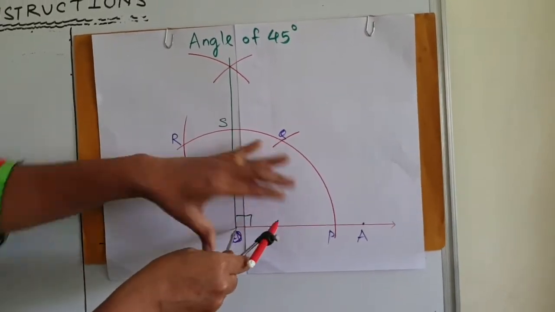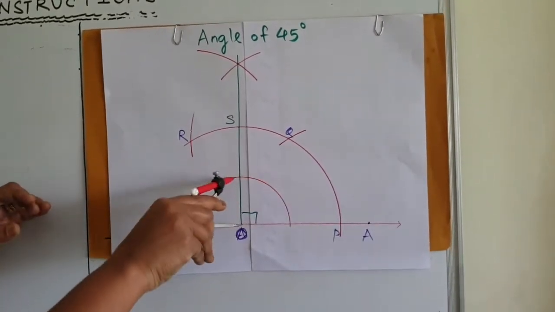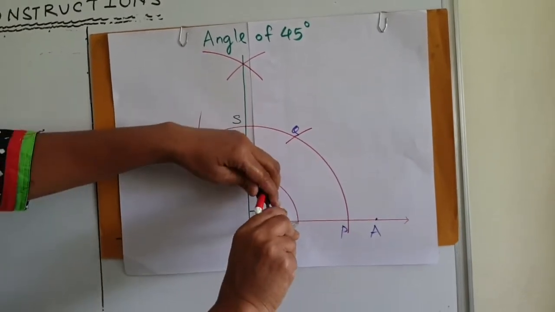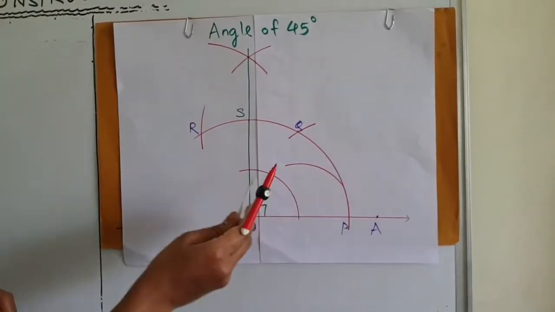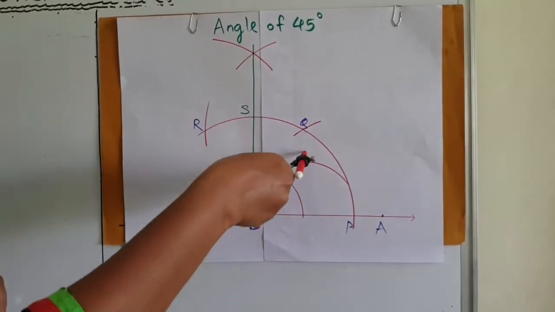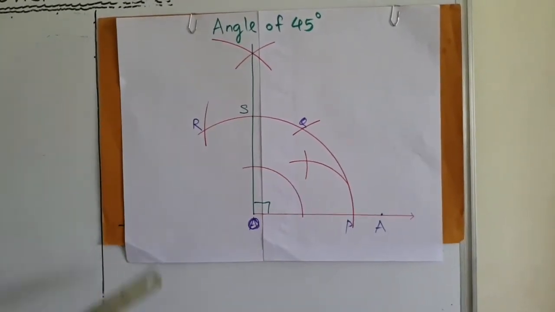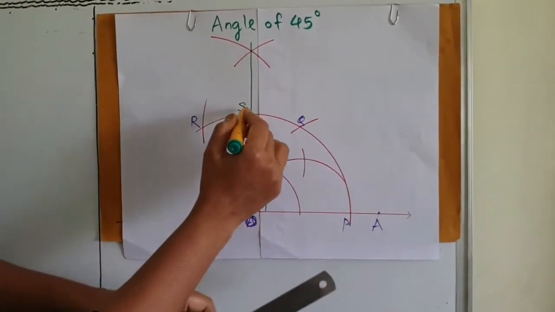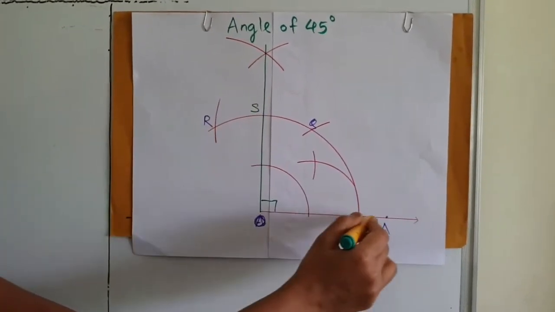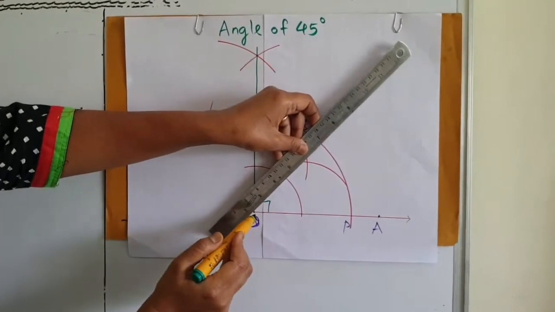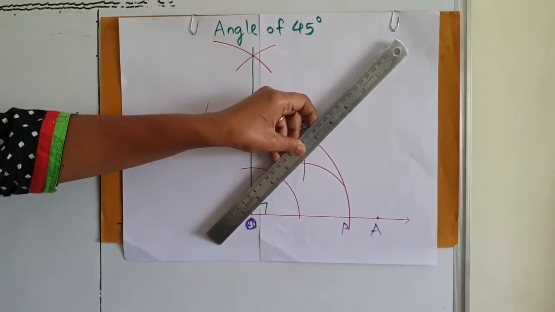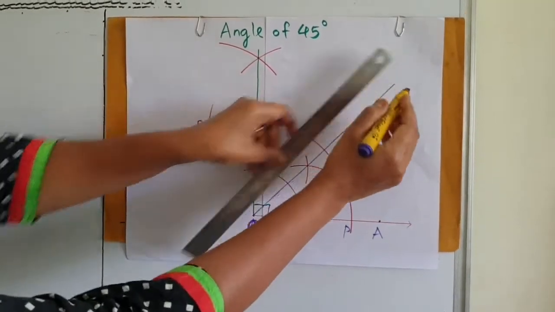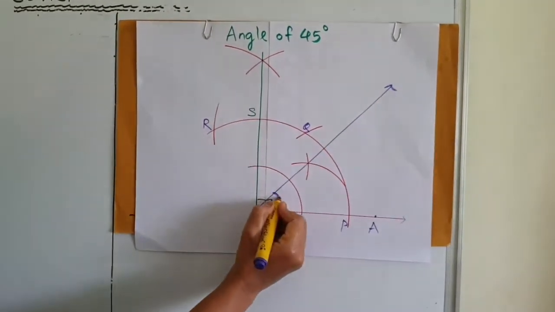You can take a smaller radius and from this point, more than half the distance, draw an arc, and this is how you get the angle bisector of this angle SOP. This is nothing but our required angle, 45 degrees.